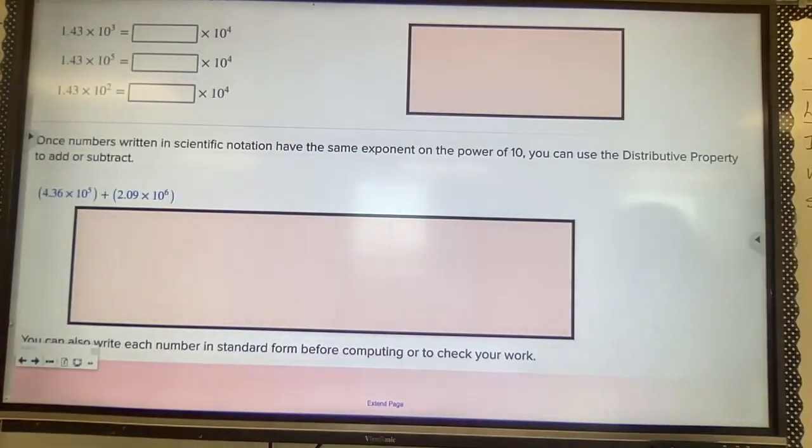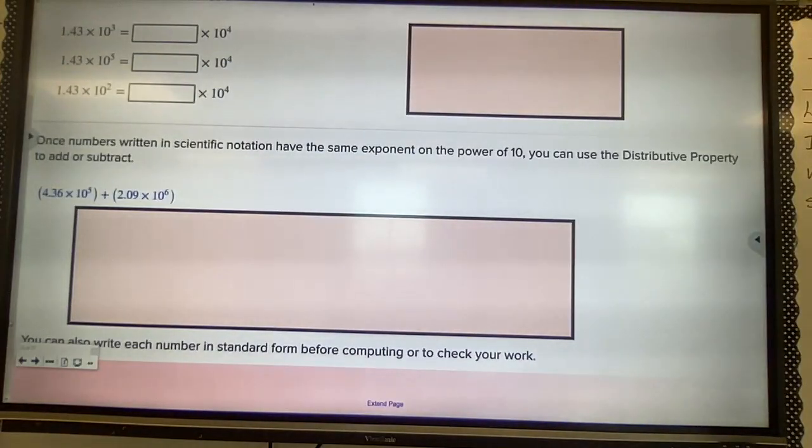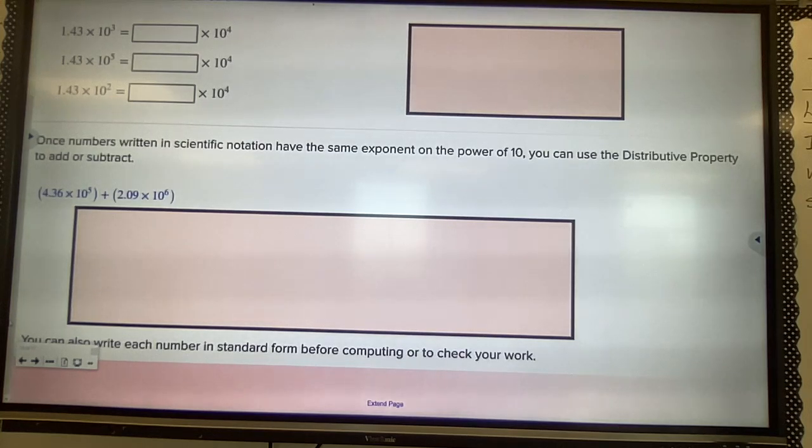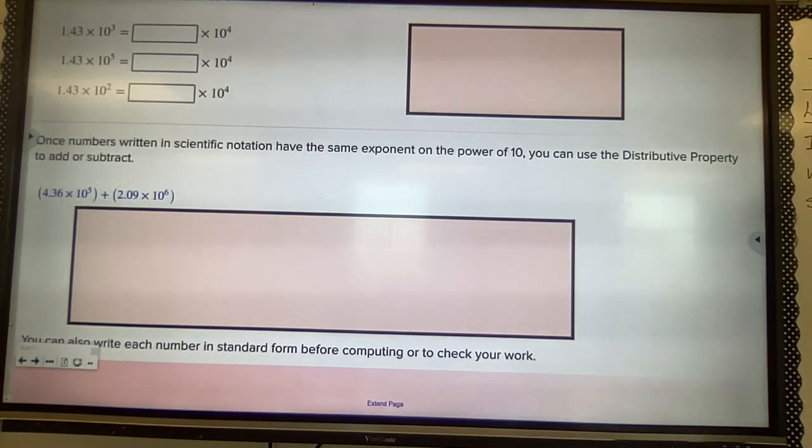All right. So to add or subtract numbers written in scientific notation, it is helpful to rewrite the numbers so that the exponents on each power of 10 have the same value. Okay. So look at the first.